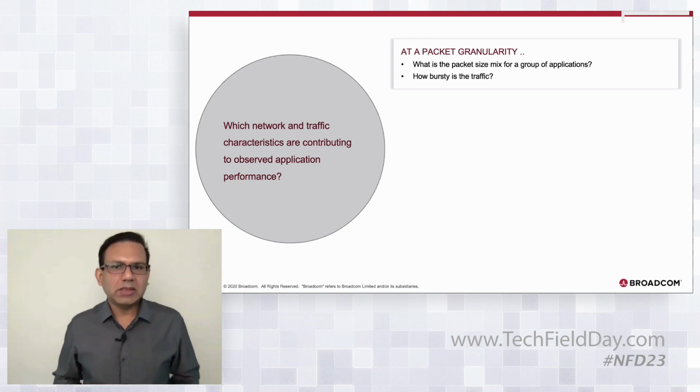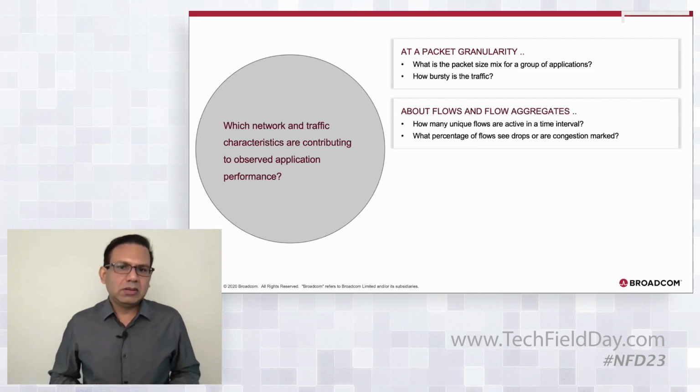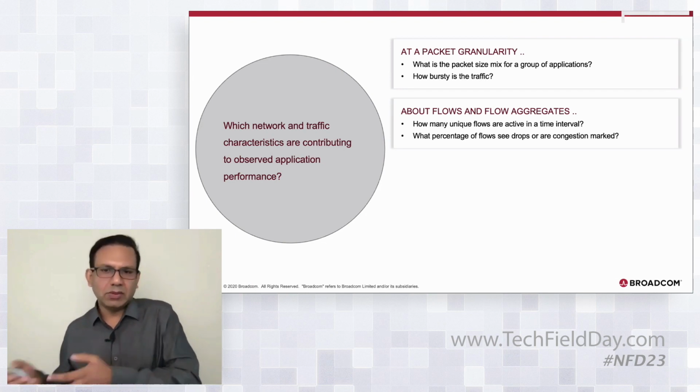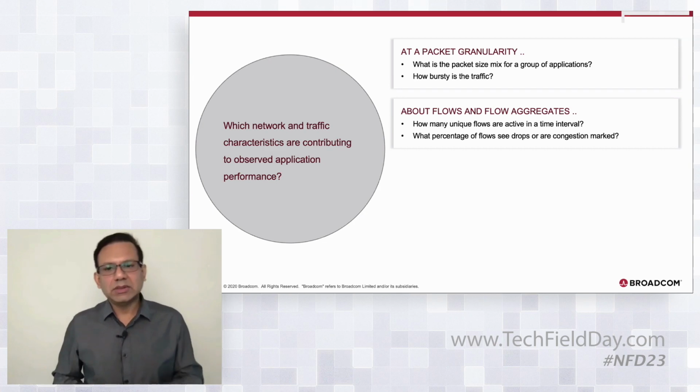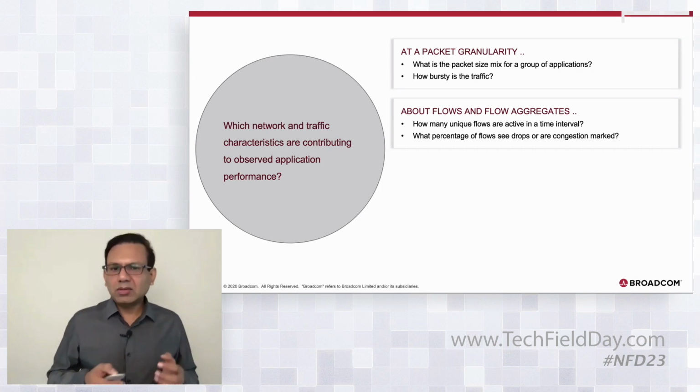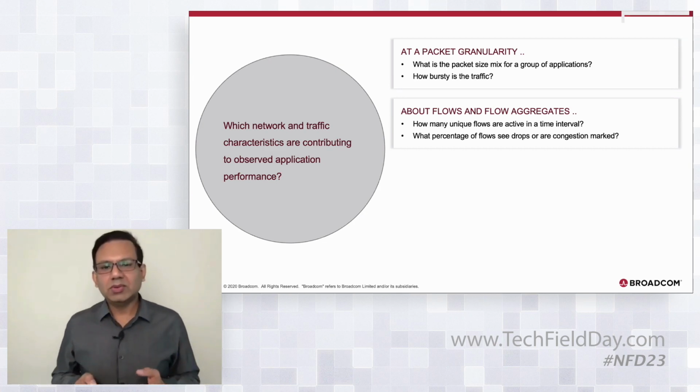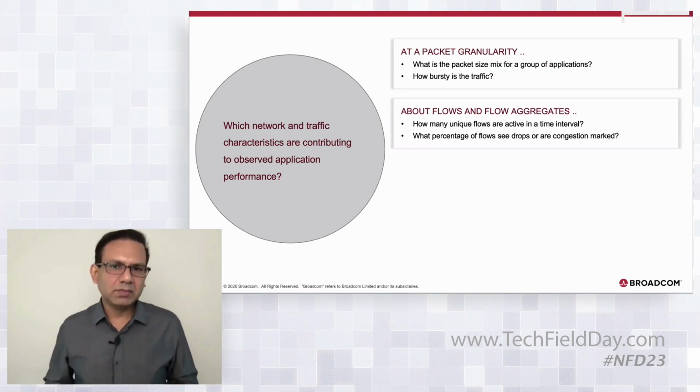How bursty is the traffic? You could think about the problem from the perspective of flows and flow aggregates. So you may want to know how many unique flows are active in a time interval. Or you wanted to dig a little deeper and you want to know what percentage of flows see drops or are being congestion marked. So mind you, this is about flows, not about packets.